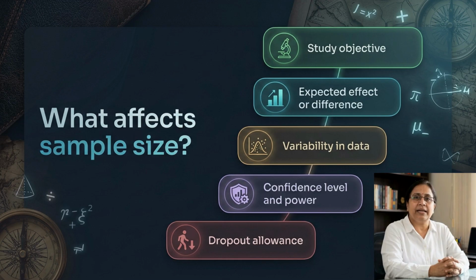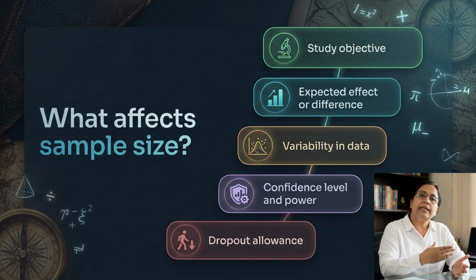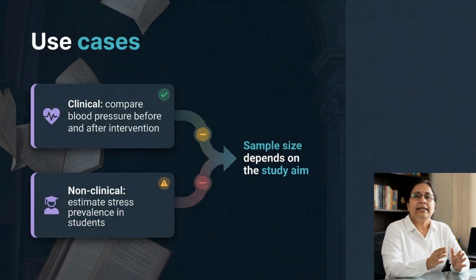Variability in the data matters. More variation may require more participants. Confidence level and statistical power also matter. And in real studies, dropout allowance must also be considered. So the sample size does not come from a single magic number. It comes from planned reasoning. Let us connect this to simple examples.